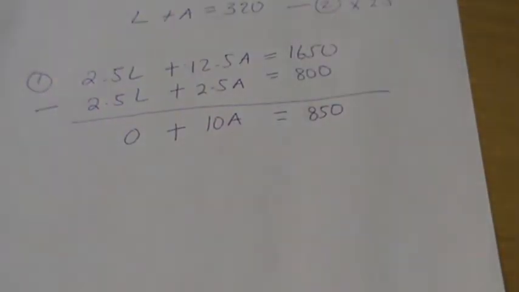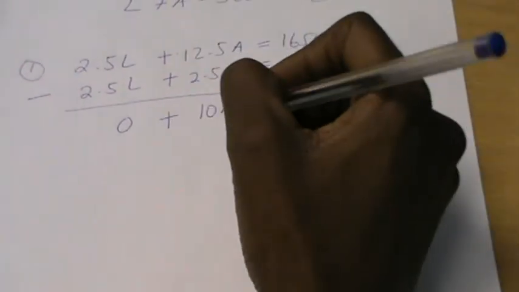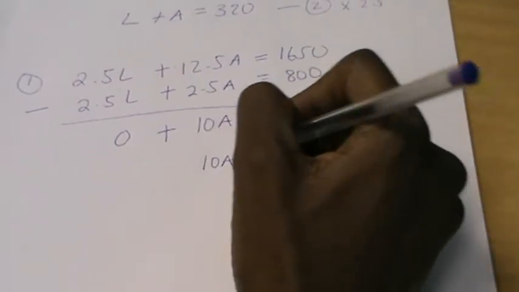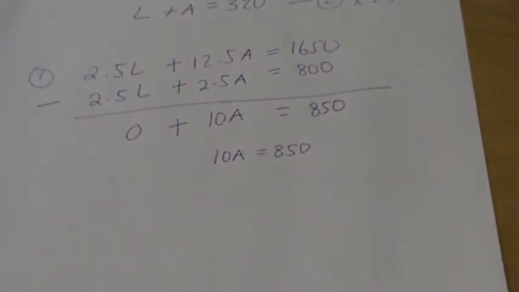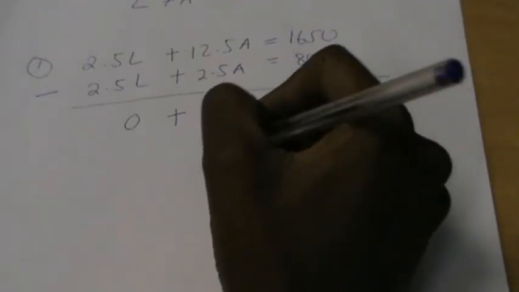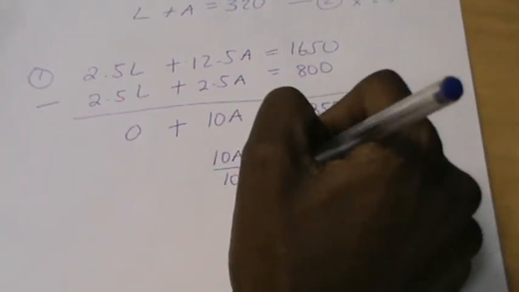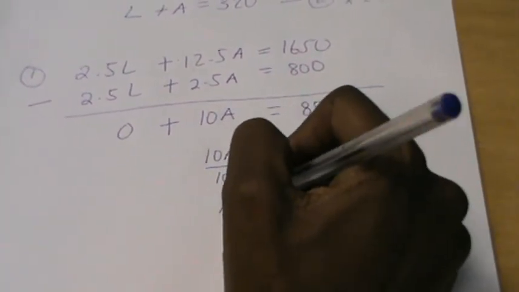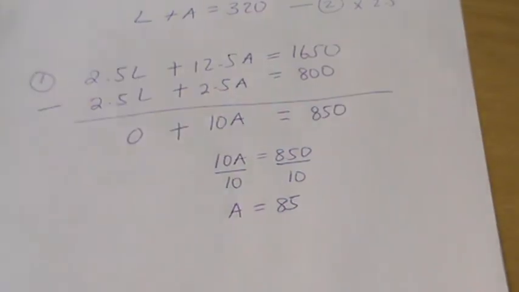So I can rewrite this equation without the 0: 10A is equal to 850. Remember what I want is A, the number of adults, so I divide by 10 on both sides and I get A is equal to 85.